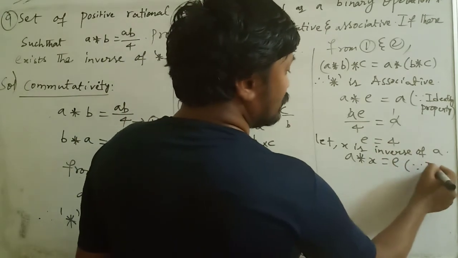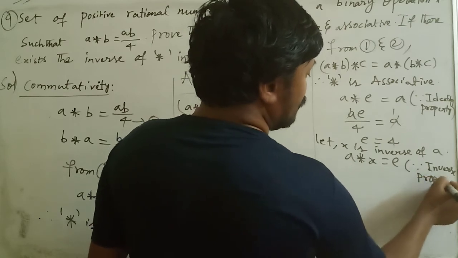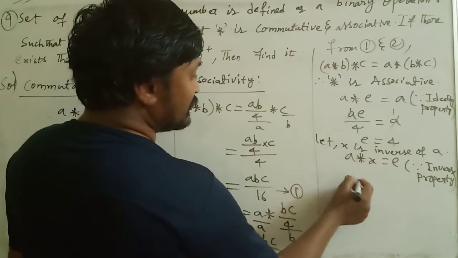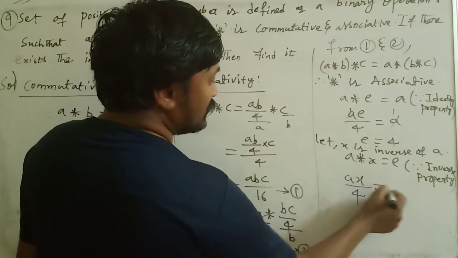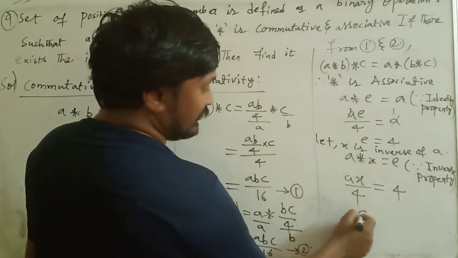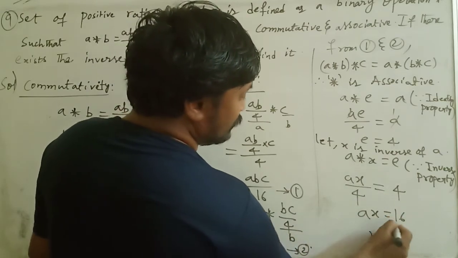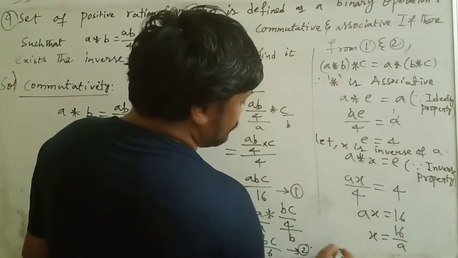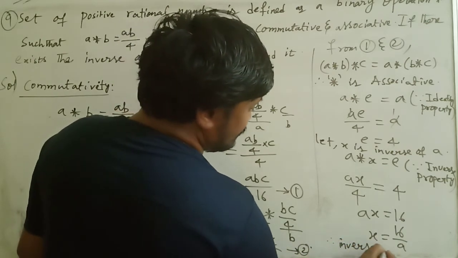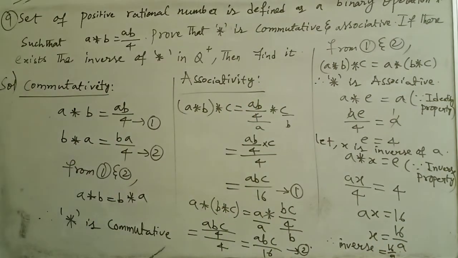This is the inverse property which you learned in your properties. Okay, so now a star x is nothing but ax upon 4, and e is again 4. So ax is equal to 4 4s are 16, x is equal to 16 upon a. Therefore the inverse is equal to 16 upon a. So that is about your problem number 9.